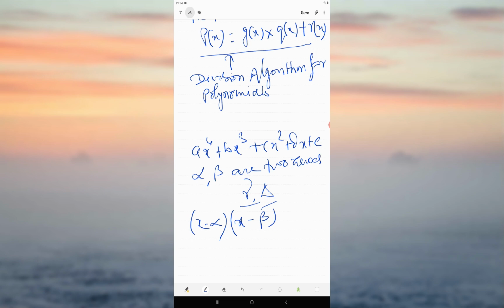If alpha and beta are 2 zeros, then the question will ask you to find the other 2 zeros, that is gamma and delta, suppose. So first, if alpha and beta are zeros, then x minus alpha and x minus beta will be the factors of the given polynomial.